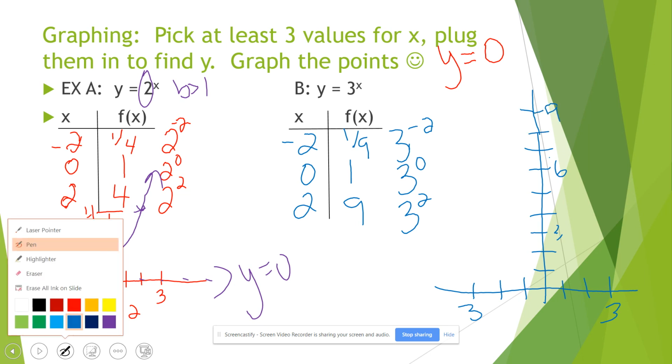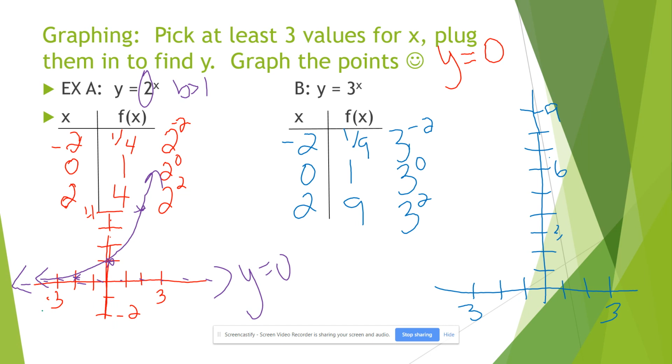So I'll plot my points. (-2, 1/9) is going to be super close here to our asymptote, (0, 1), and (2, 9).